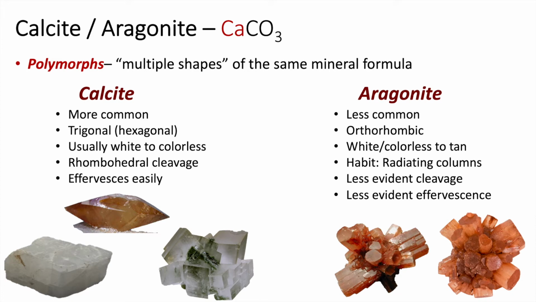Aragonite, in contrast, is less common. It can also be white or colorless to tan. In most cases that you see it, it's going to have this tan structure. And the key thing that makes it differ from calcite is its shape. So it falls into the orthorhombic crystal class.